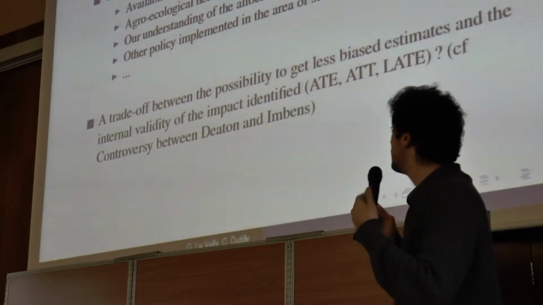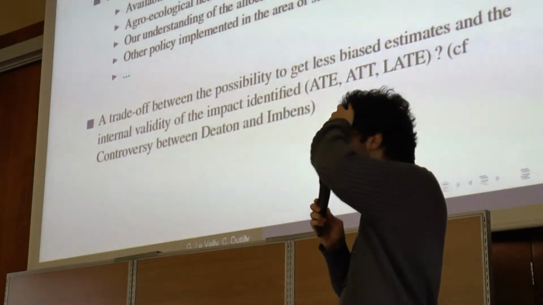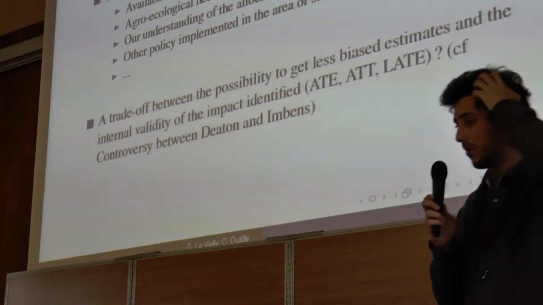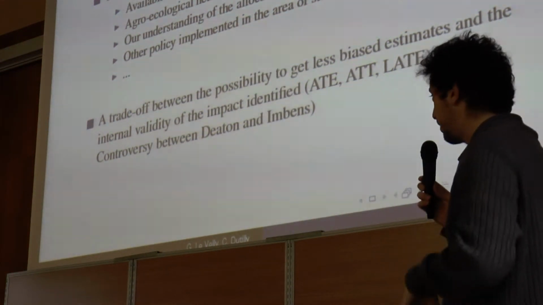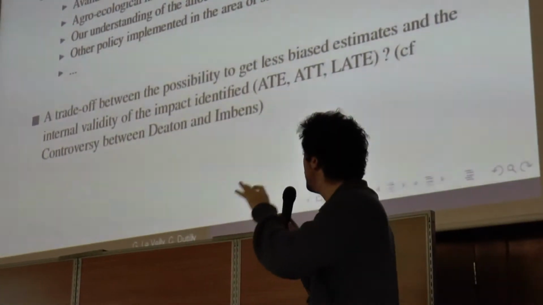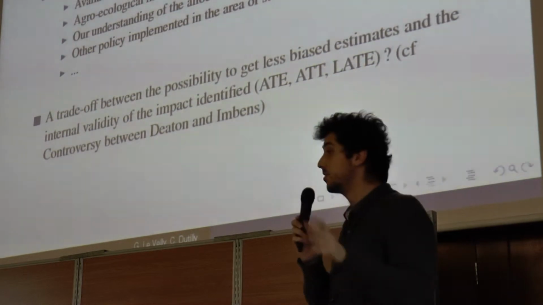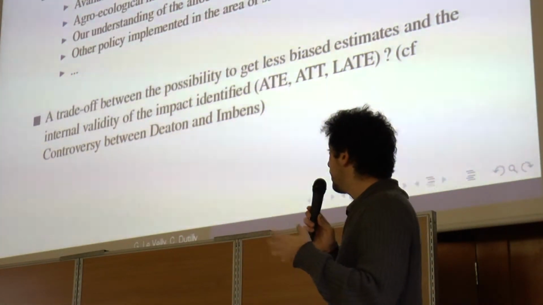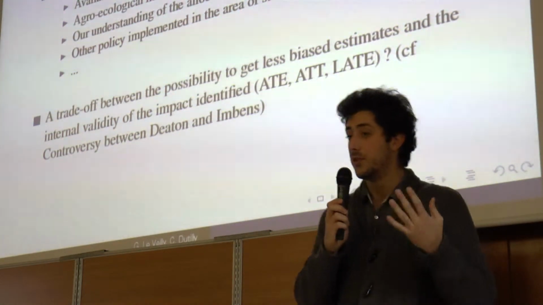And other policies implemented, such as natural protected areas, for instance. And you find a trade-off. That's what was quickly discussed yesterday by Paul Ferraro. You have some kind of trade-off between the possibility to get less biased estimates, which is basically using instrumental variables, and the internal validity of the impact identified.